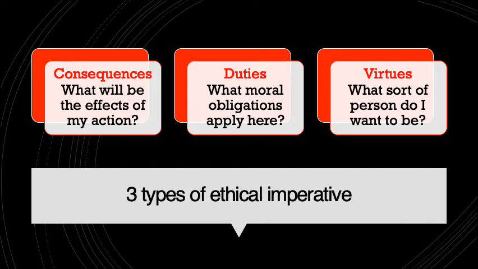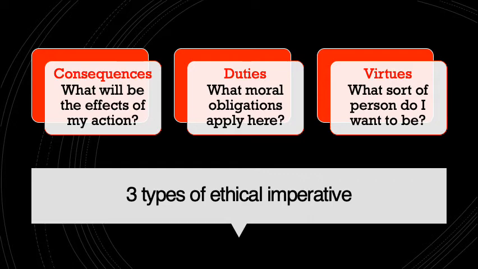Also, sometimes it appears that we won't be able to make decisions based just on consequential concerns. Sometimes we have to think about general rules, duties that we uphold as members of a culture or a religion, or simply rules that we've devised for ourselves, duties that we maintain. Duties are when we ask ourselves, what moral obligations apply here?